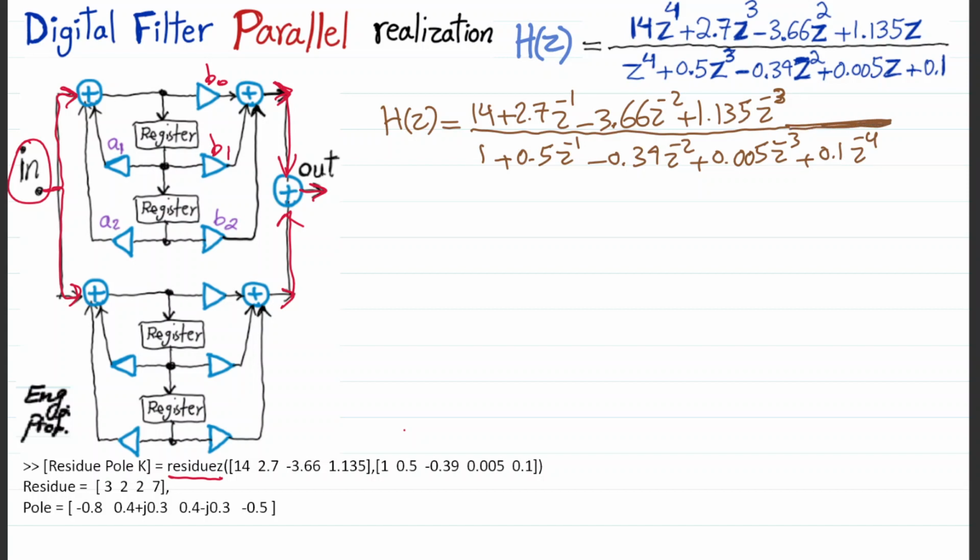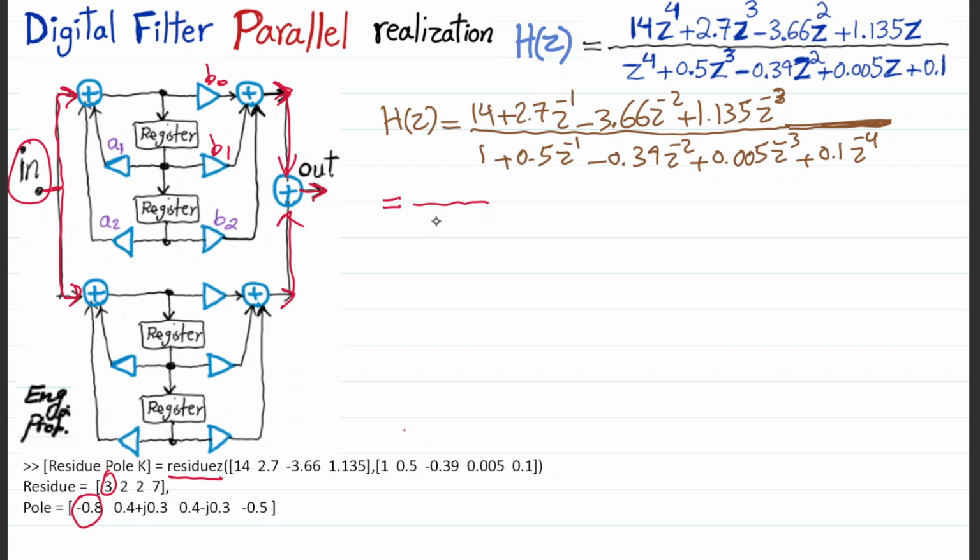Now, what is the next step? The next step is to use what you found in terms of residues and poles and rewrite this whole thing. So I am going to do so exactly. How can I use this 3 and the negative 0.8? It is effectively in this format.